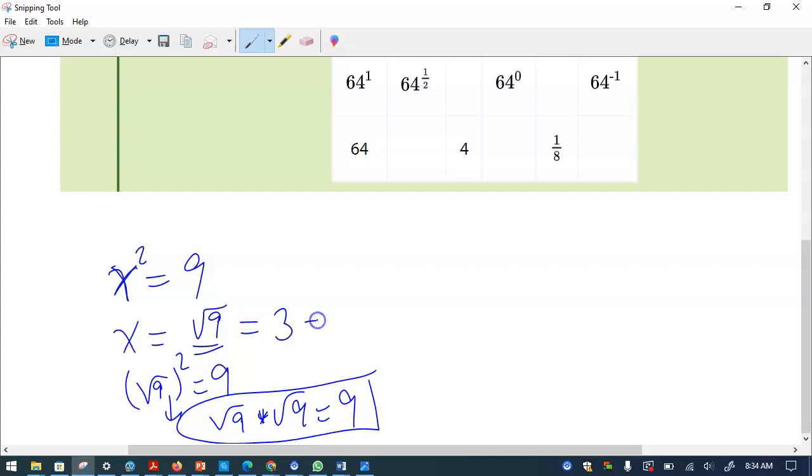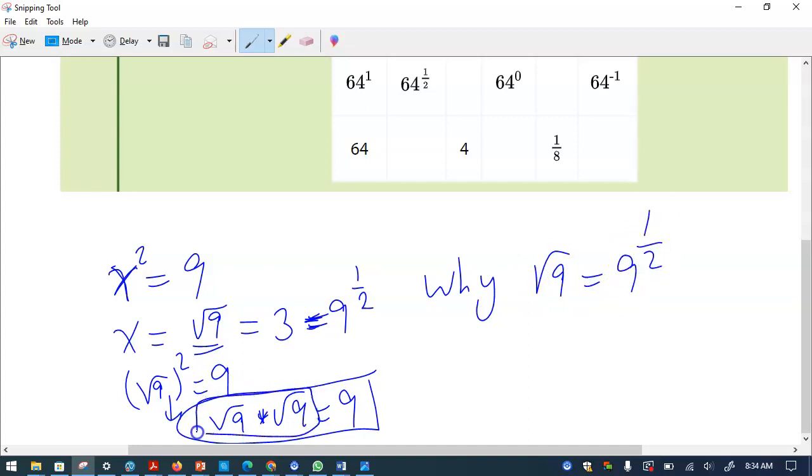Why is square root of 9 the same as 9 raised to half? We have seen that square root of 9 times square root of 9 is 9. So if I multiply 9 raised to half by itself 2 times, do you get 9?